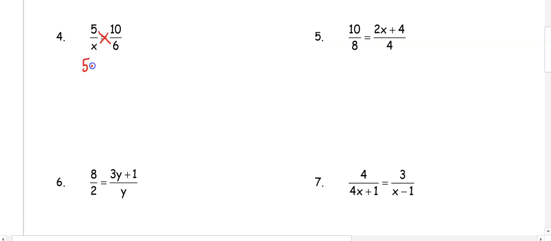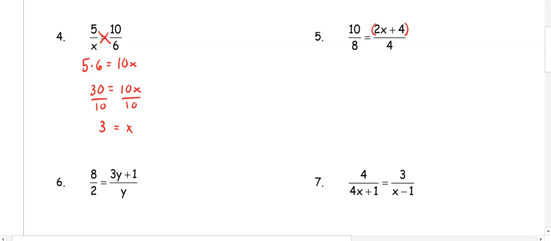So in this case, we would have 5 times 6 equals 10x. 5 times 6 is 30. So 30 equals 10x. Now we can solve for x. So because this is multiplication, we would divide by 10. So x equals 3.